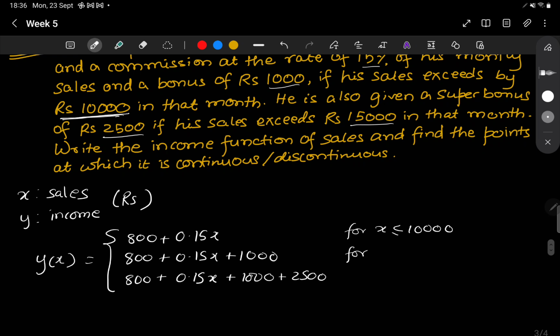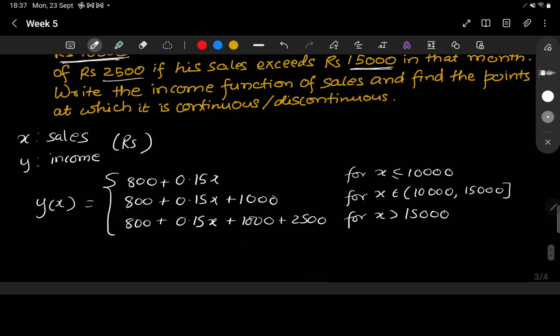Then for sales between 10,000 and 15,000, the next point is 15,000. And this is for x greater than 15,000. So that's the function.